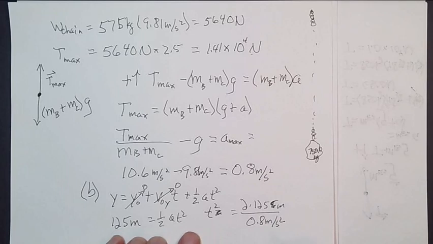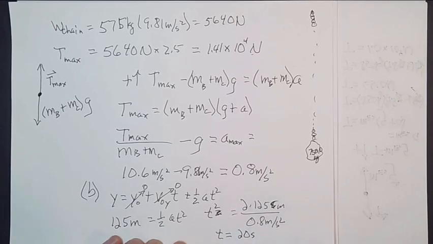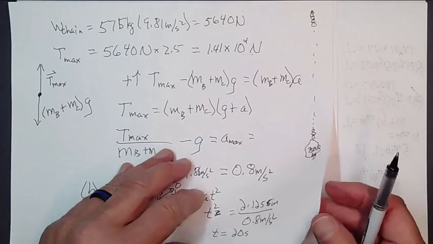And if you solve for t, you end up getting about just 20 seconds. We're down to one significant figure, so that's about as close as you can call it. Alrighty. Well, that wasn't exactly a Newton's third law problem, but it sort of is.